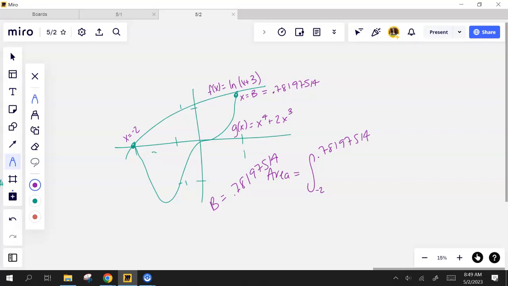So now I need to do top, which is f of x, minus the bottom, which is g of x, and do not forget your, what, Adam? dx. All right, what do you get?